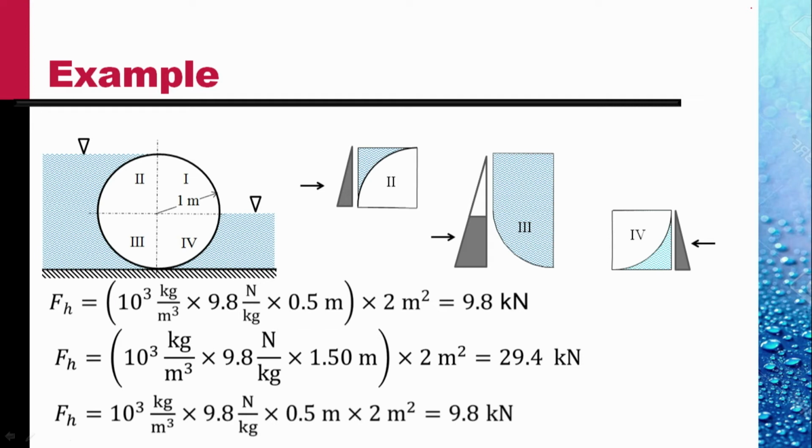If the depth of the cylinder normal to the paper is considered 2 meters, then these are the forces. The first two are to the right and the last one is to the left. We can add up to find out the total force on this circular cylinder gate of 2 meters depth normal to the screen.